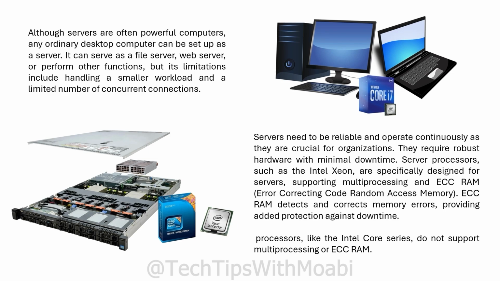You can install 2 CPUs on a server, whereas you can't do that on a desktop or a laptop. A server is normally installed in a server rack and it is not easily portable like your laptop or a desktop. And lastly, a server can handle larger workloads and can support a number of concurrent connections.